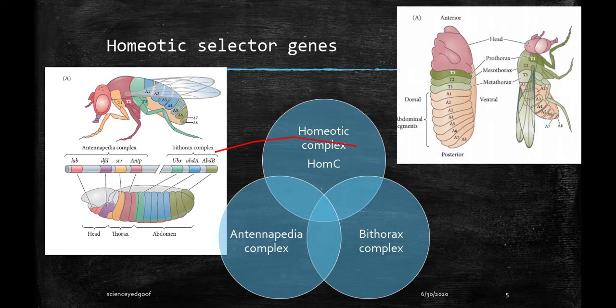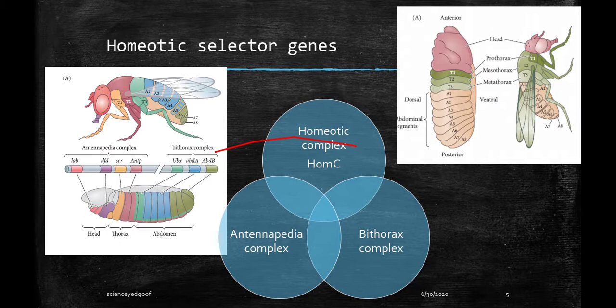So coming to homeotic selector genes. Before that, what are these homeotic genes? Homeotic genes are those genes which regulate the development of the anatomical structure in an organism. These homeotic genes encode transcription factors, and these proteins affect development by regulating the gene networks involved in body patterning.